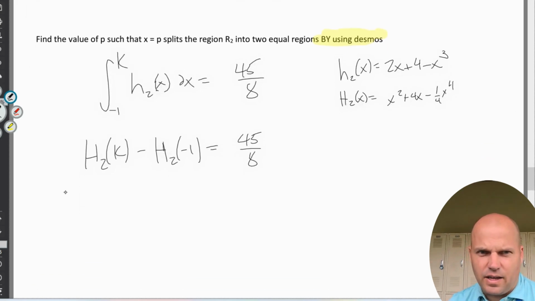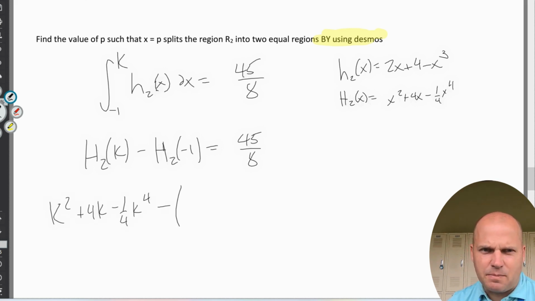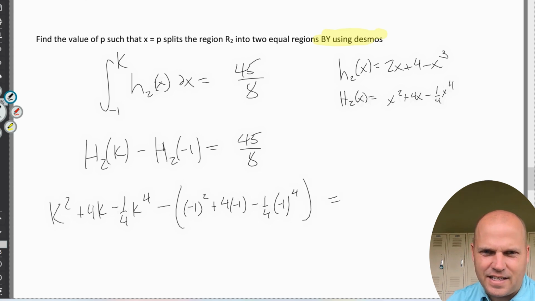So I'll get k squared plus 4k minus 1/4 k to the fourth minus, I'm just going to make this super dirty, negative 1 squared plus 4 times negative 1 minus a fourth times negative 1 to the fourth. That has to equal 45/8.